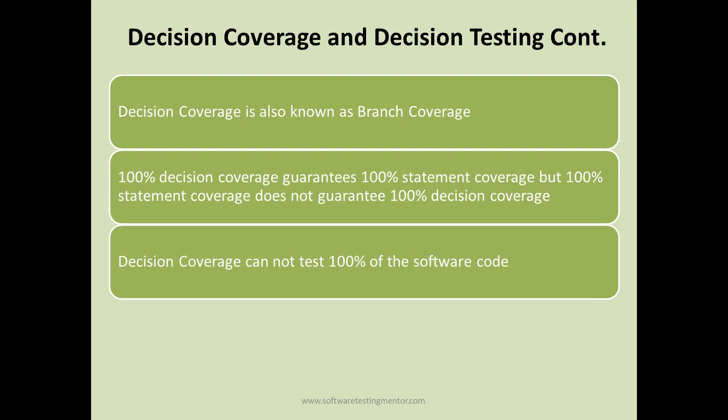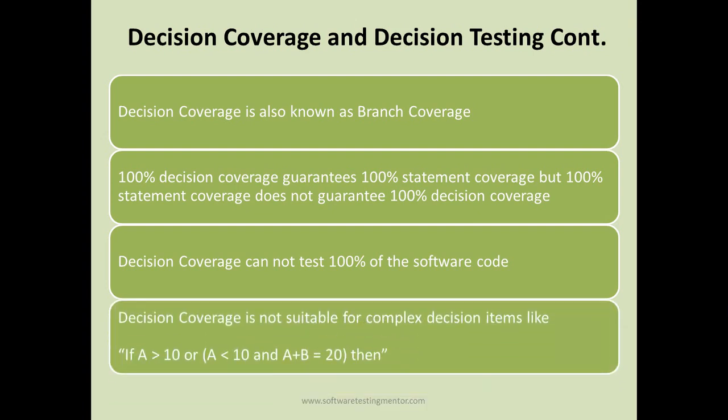Decision coverage cannot test 100% of the software code. These techniques are useful for specific types of tests, so the test techniques and combinations of techniques should be chosen wisely, with a mix and match to achieve the best possible test coverage.